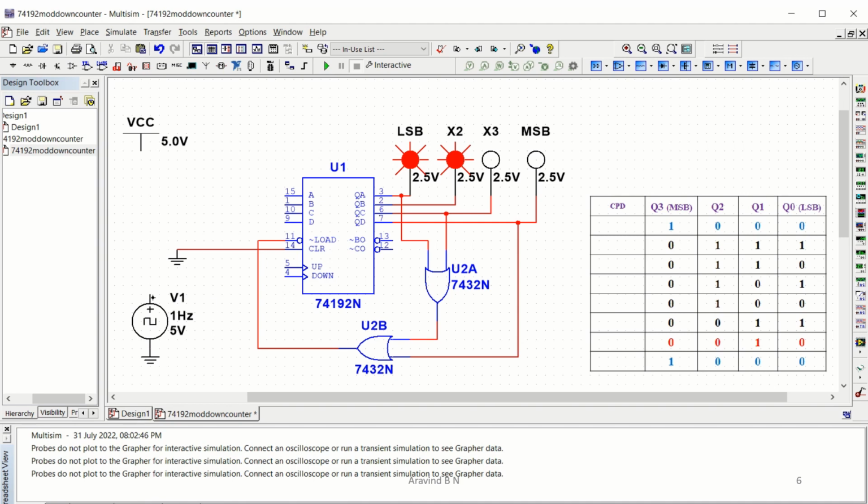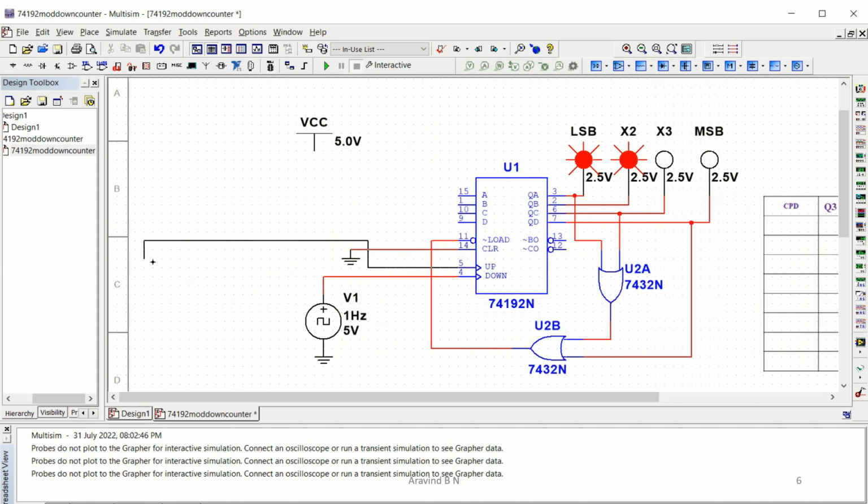Then the clock has to be connected to the down count, and the up count has to be connected to the VCC.